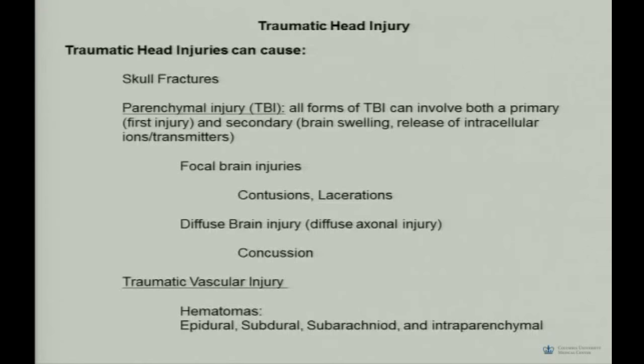So whenever we have tissue injury, we have inflammation, right? And swelling is a part of inflammation. But when swelling occurs, the brain doesn't have the capacity or the room in which to swell. So intracranial pressure rises with brain swelling.